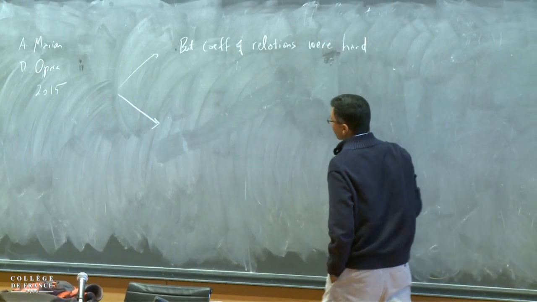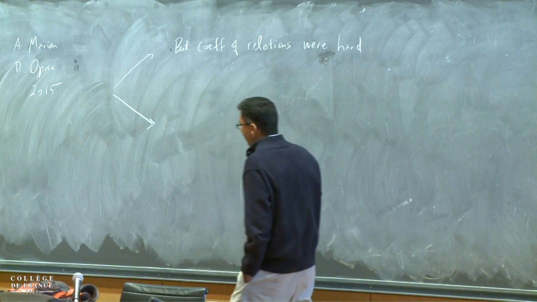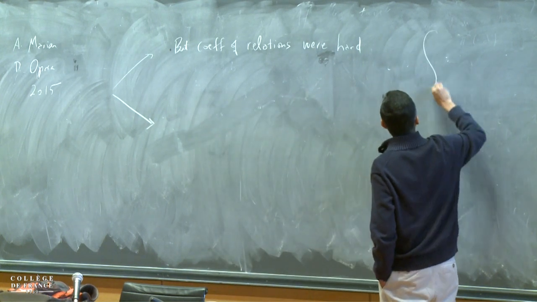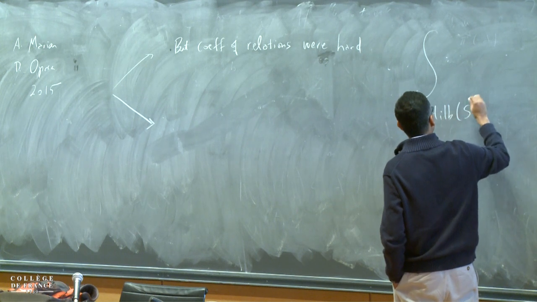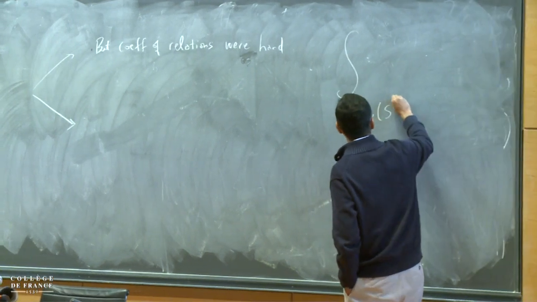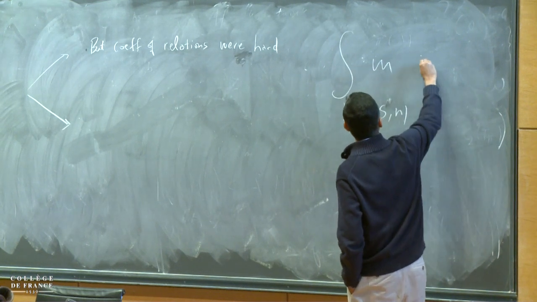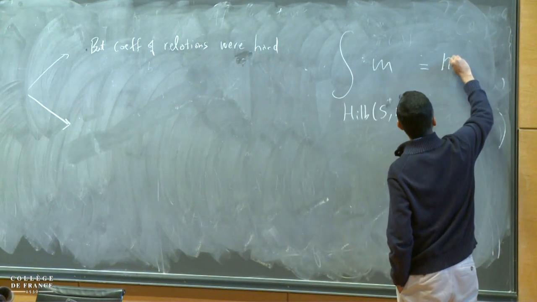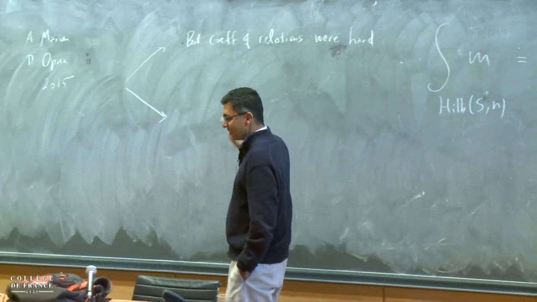The reason was that the numerical coefficients of the relations will involve integrals over the Hilbert schemes of points of K3, the simplest case, or even more. The Hilbert scheme of n points in a K3 surface and various tautological things, and you'll need to calculate this number. This is some number, and in order to calculate the relation, you need to calculate that number. And these numbers are hard.